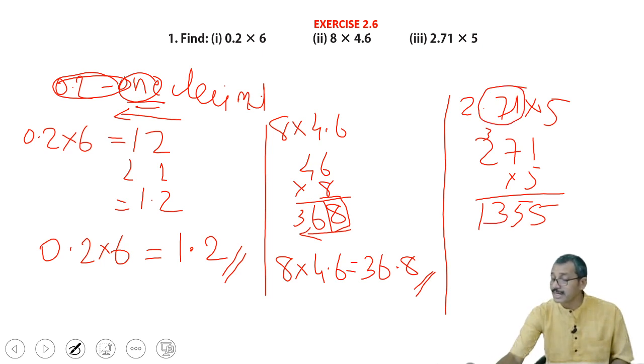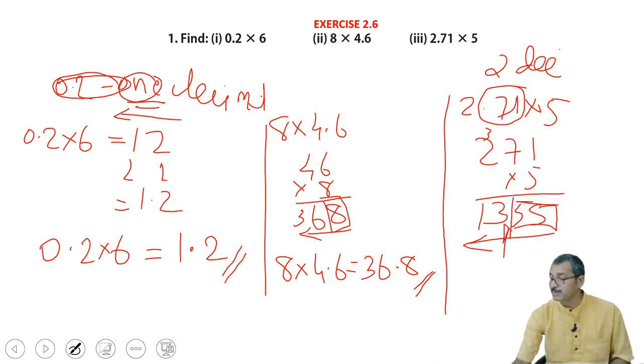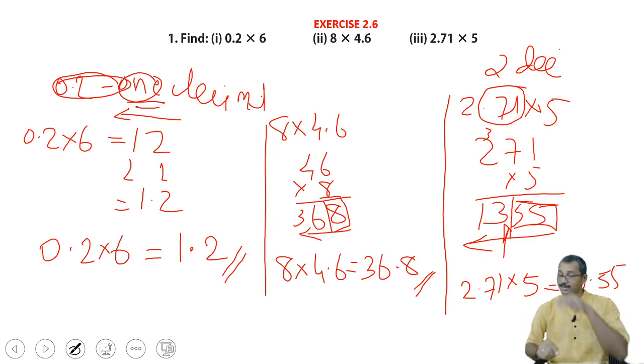While counting, you can understand that 2 decimal places are there. From right to left, 2 places have to be shifted, so after 2 we put the point. So 2.71 into 5 is equal to 13.55. Like this you will write.